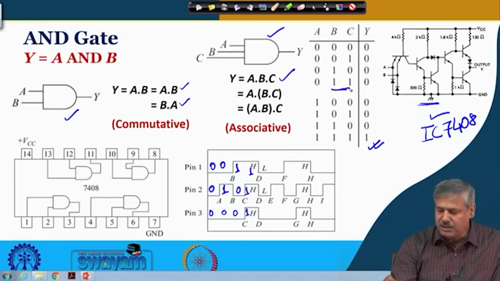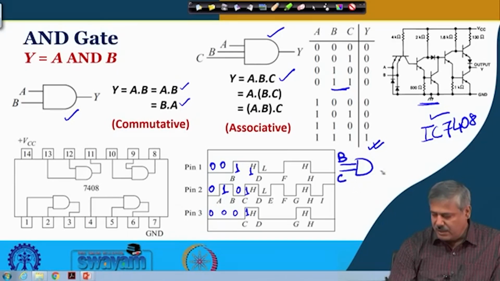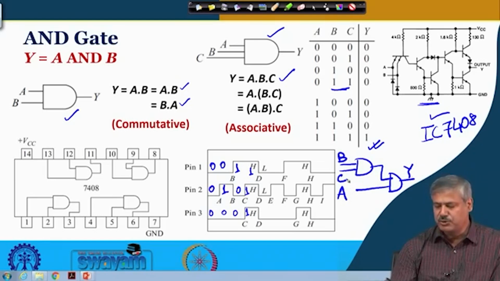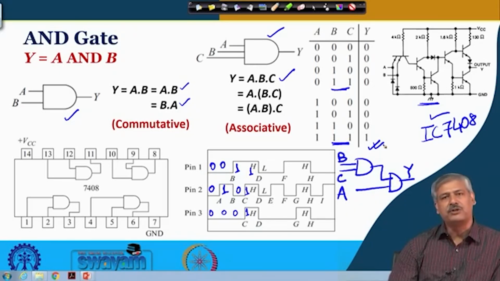So, if this is B and this is C, this output is fed to another AND gate. BC is 1 in these two cases, but when A is 0, the output is 0 because it is again getting ANDed, and when A is 1, the output is 1.